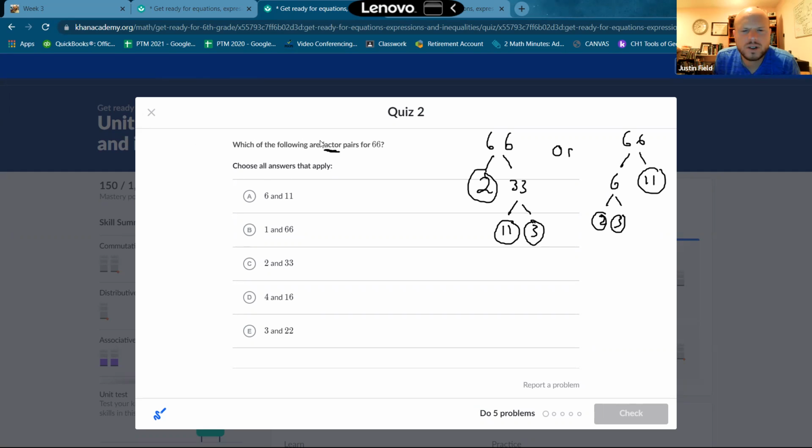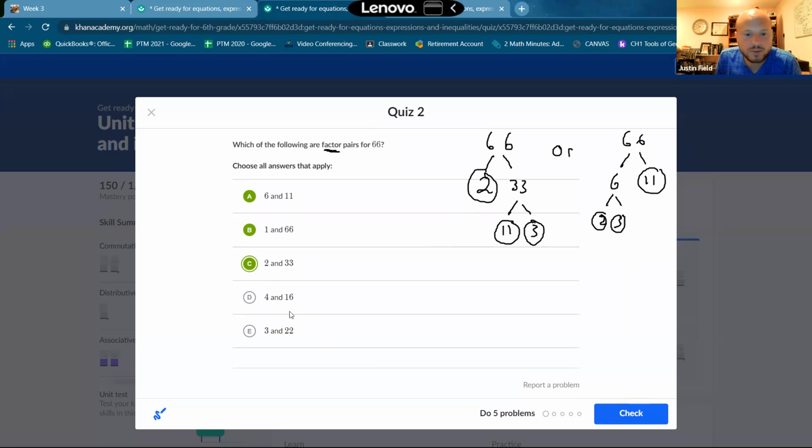So which of the following are factor pairs? Any 2 of these. Let's see, 6 and 11. Yes, 6 times 11. 1 and 66. We didn't say it, but 1 times 66 is 66. 2 and 33. Yep, we see 2 and 33.